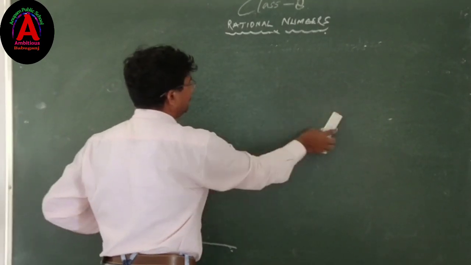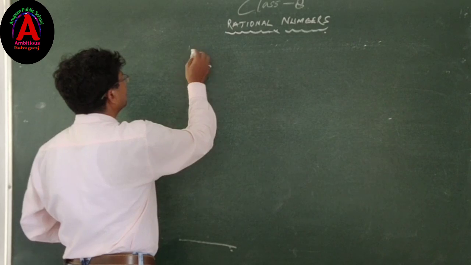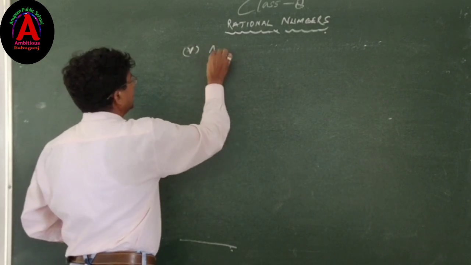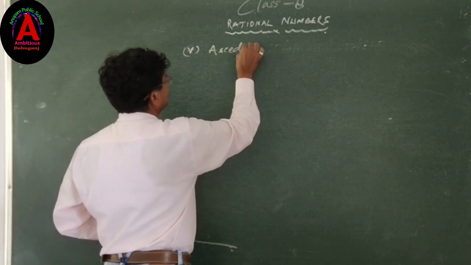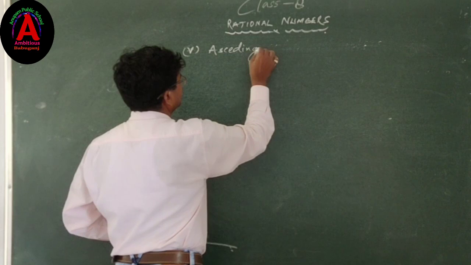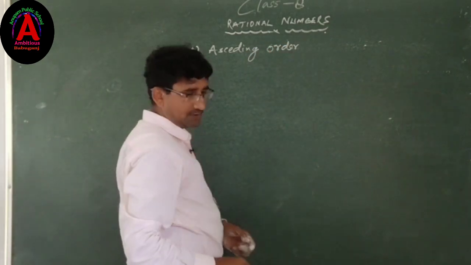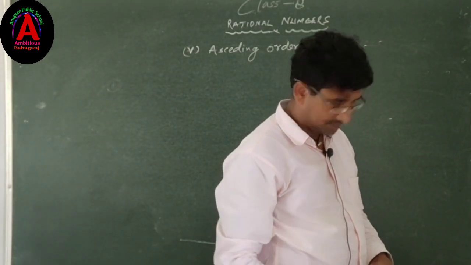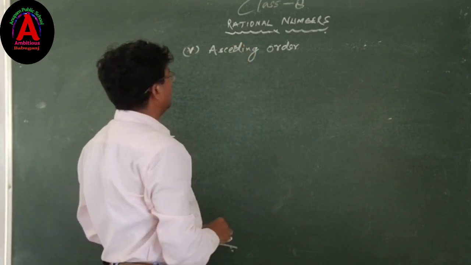In rational numbers we have to read ascending order. Number 5, ascending order.